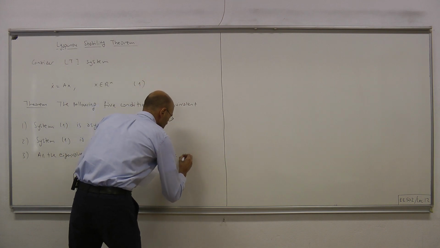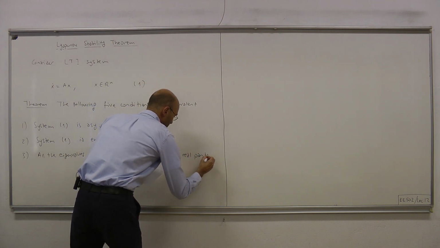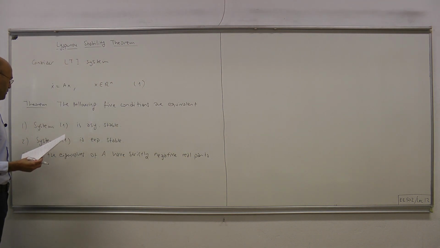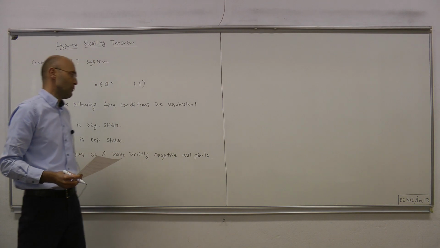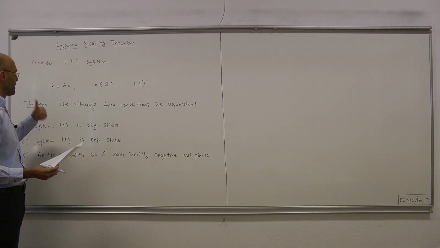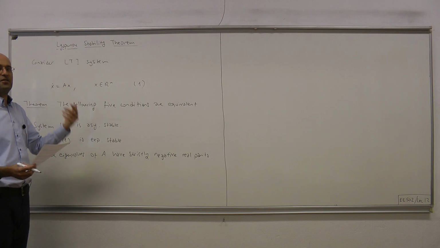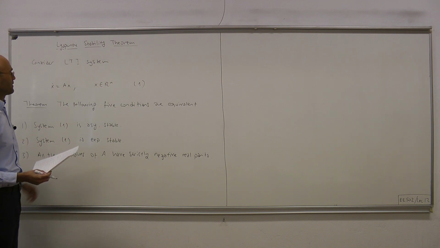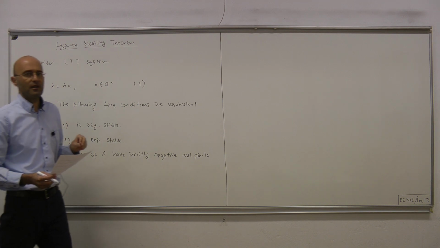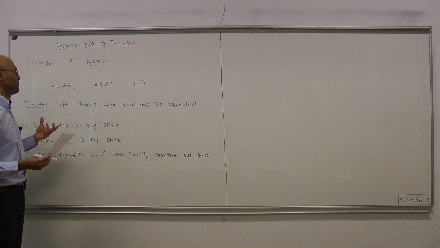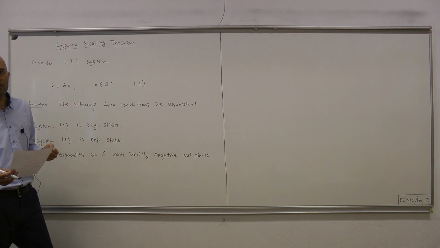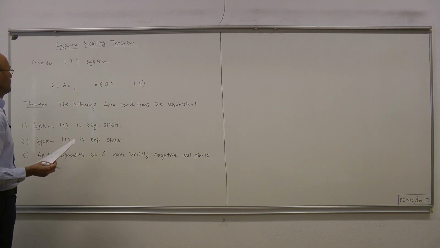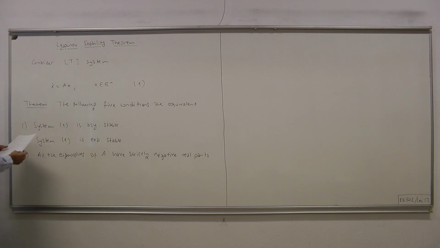Now, these first 3 statements we already talked about and in a sense proved, using the behavior of e to the At, the state transition matrix, and its relation to the eigenvalue locations of the A matrix, and that we did by the Jordan form arguments. And now what's new are the following 4th and 5th statements.